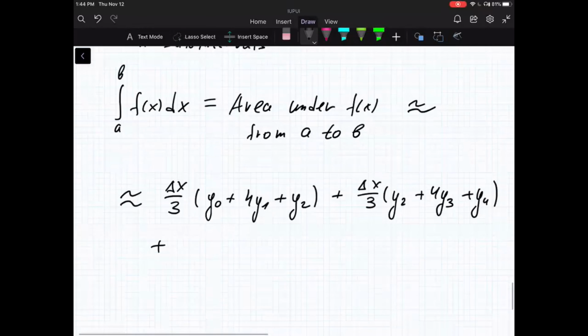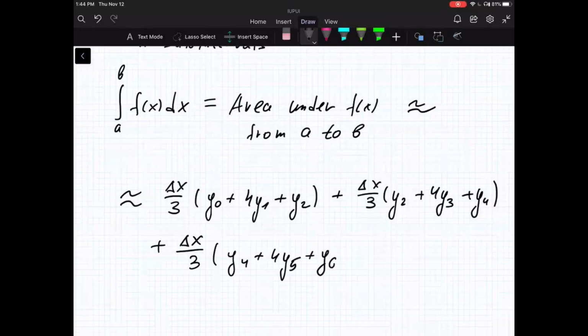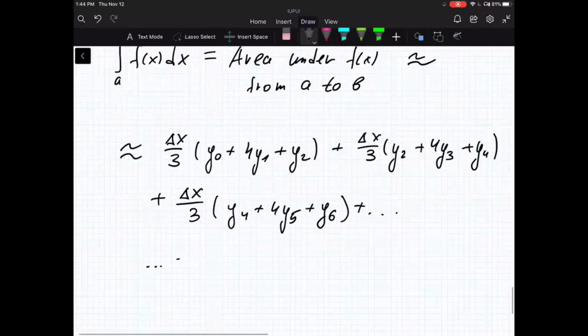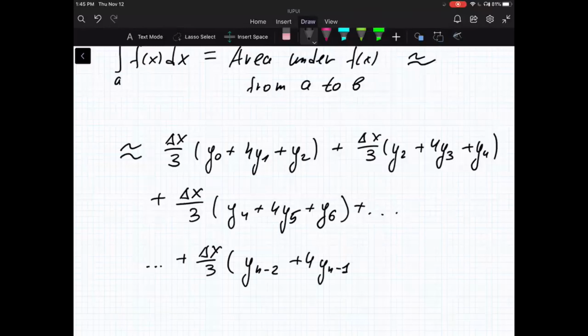The third parabola, on the interval from x4 to x6, gives you y4 plus 4y5 plus y6, and so on. And the last one will be delta x over 3 times yn minus 2 plus 4yn minus 1 plus yn. This will be the last parabola.